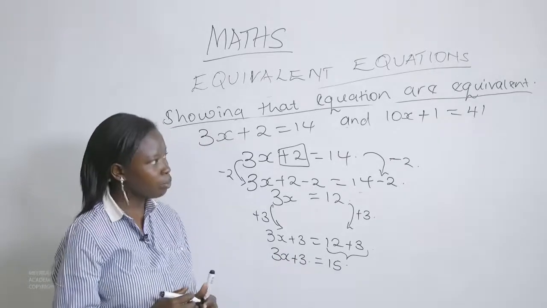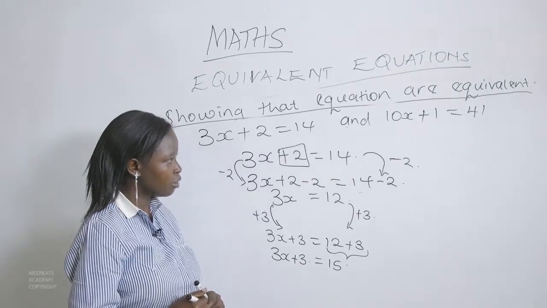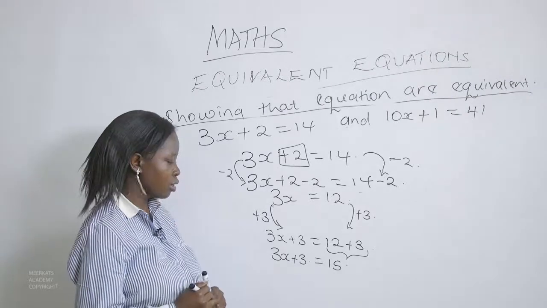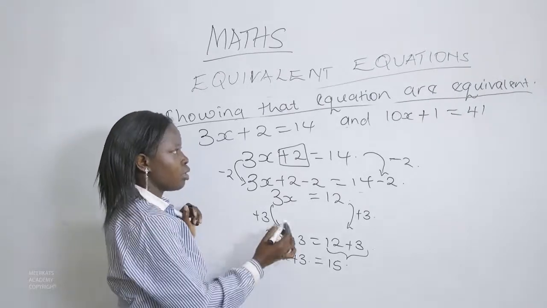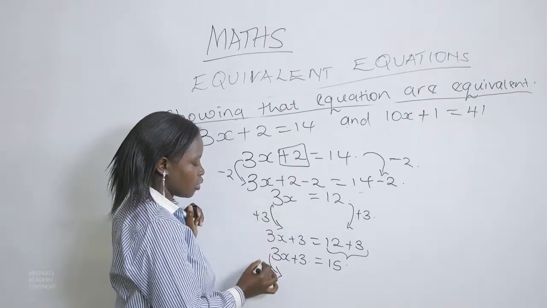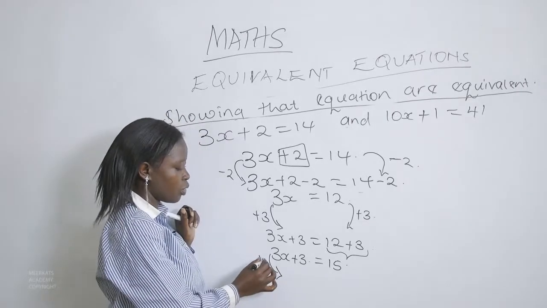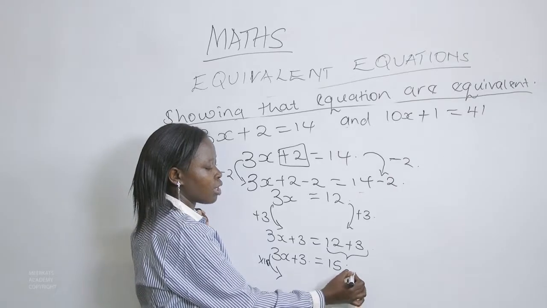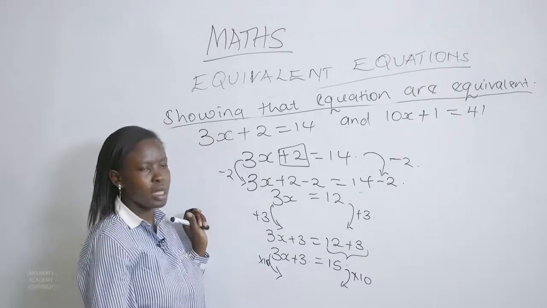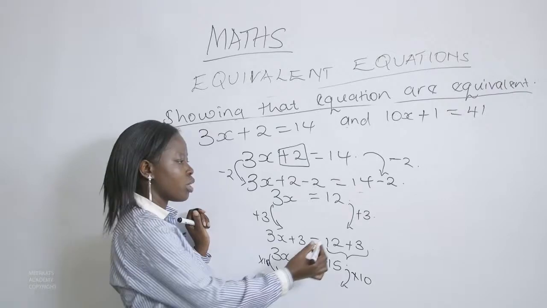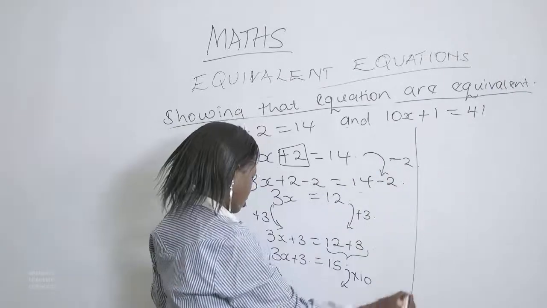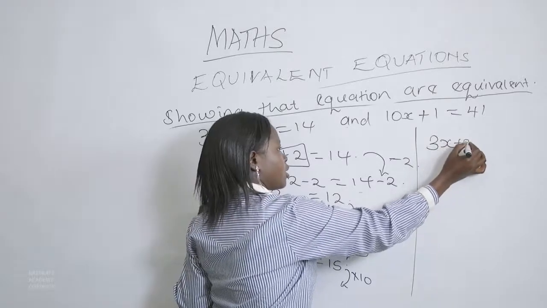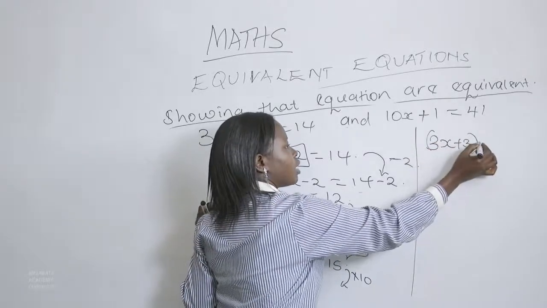Then we can multiply throughout by 10, multiplying the left-hand side by 10 and the right-hand side by 10. Whatever we obtain is 3x plus 3 multiplied by 10.